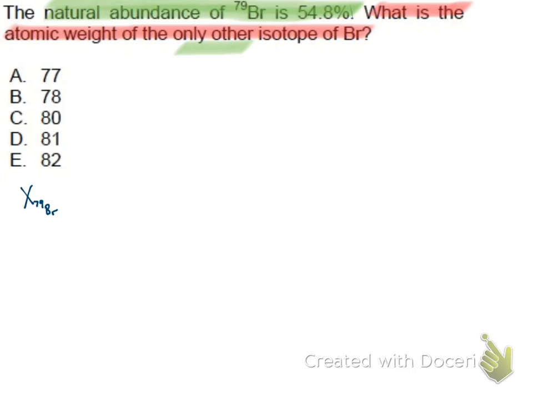So the fraction due to isotope 79 of bromine, multiplied by the mass of that. Then we add in the next contribution, which is just the contribution due to the fraction of our unknown bromine isotope. So let's put a question mark, because we don't know what it is, but we're going to find out, times the mass of that particular isotope.